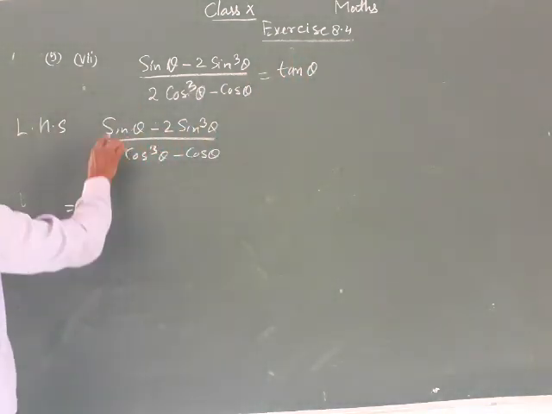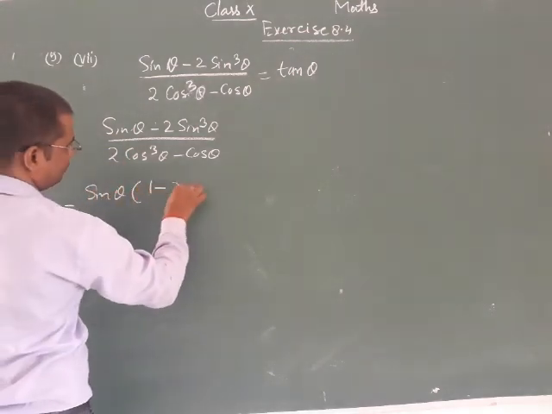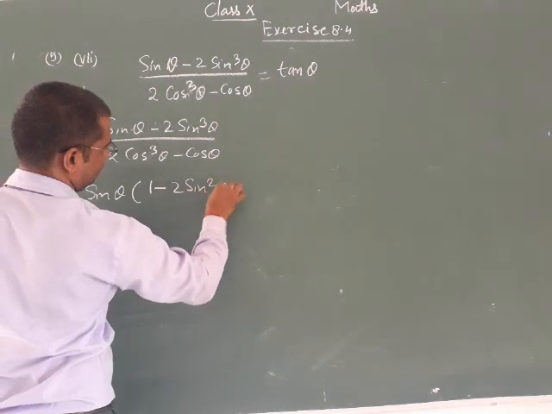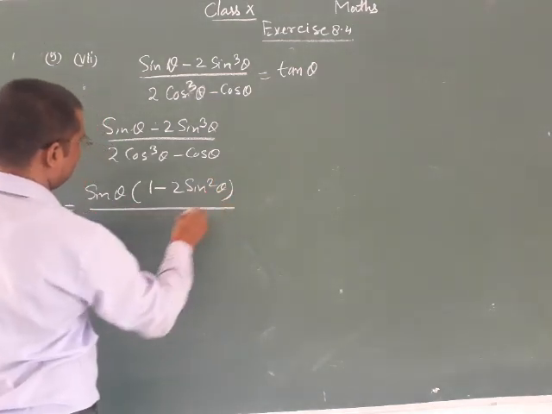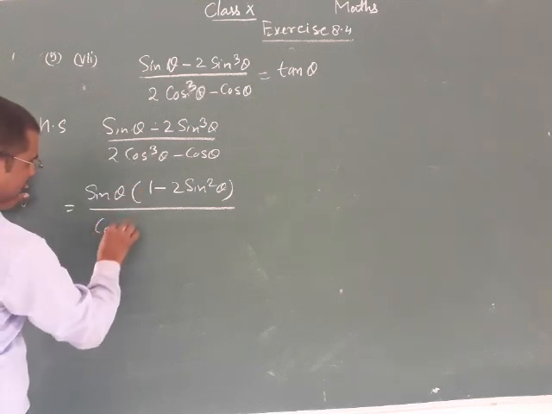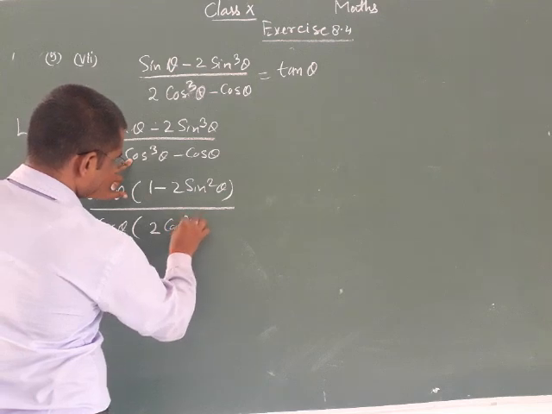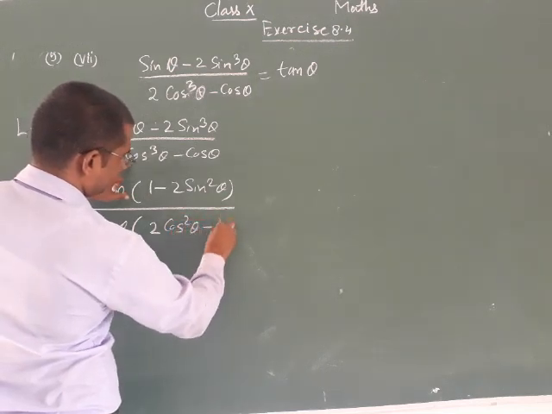Now common out sin theta in the numerator, so 1 minus 2 sin square theta, and common out cos theta in the denominator, so 2 cos square theta minus 1.